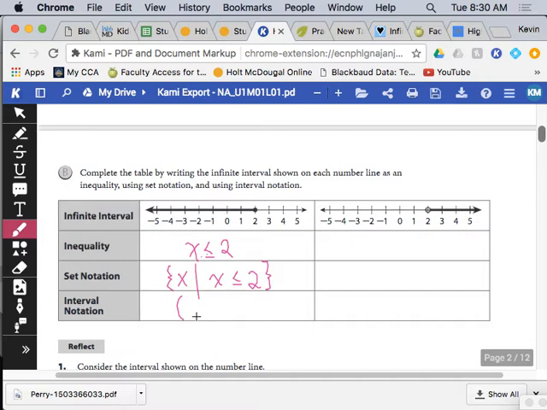When we talk about our infinite God, it's beyond our understanding and beyond our capacity to ever reach. We are finite creations, and he is infinite. It's beautiful. So negative infinity exclusive to 2 inclusive. Clear?